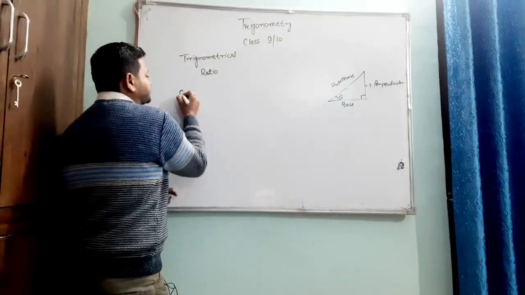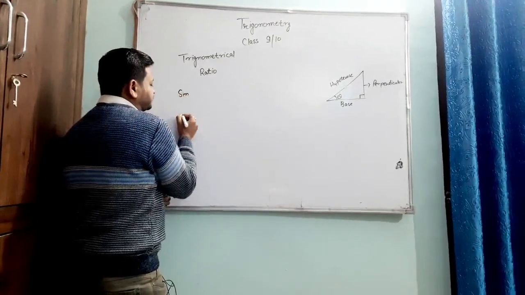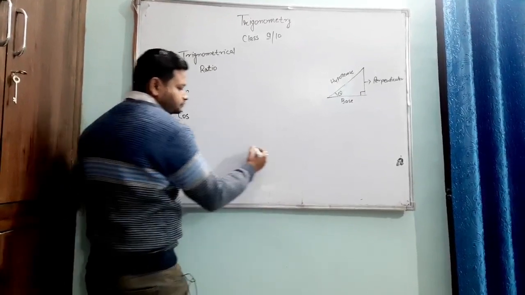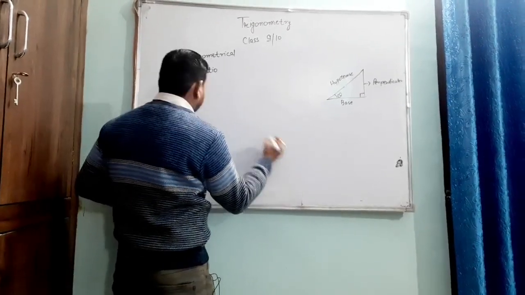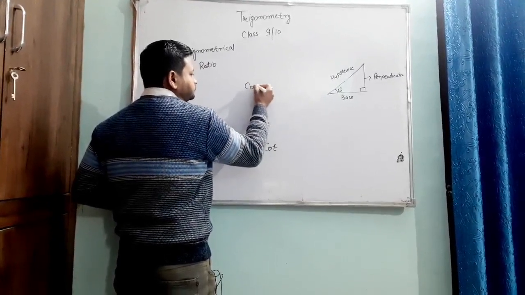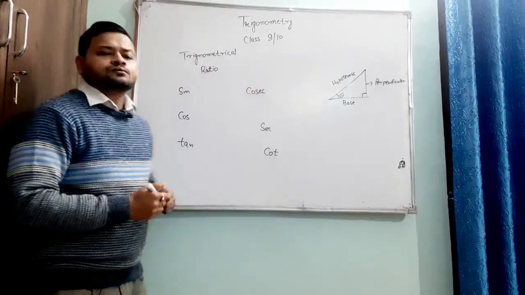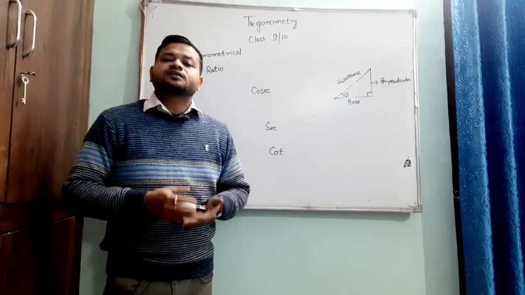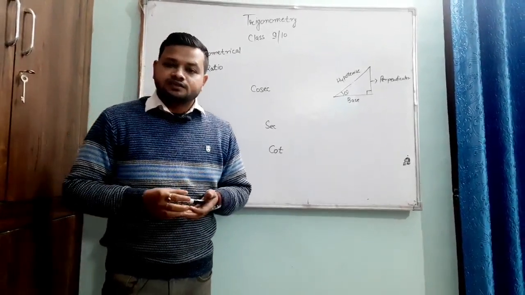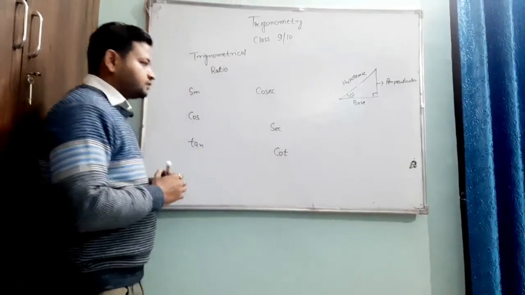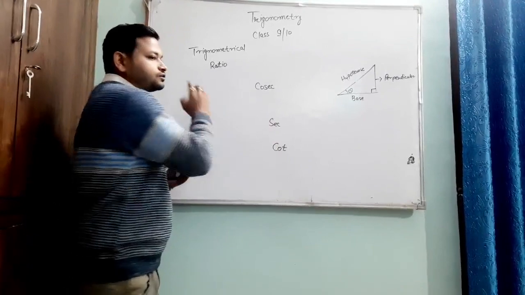So first is sine, then cos, then tan, then cot, sec and cosec. Now the question is how to learn these values. We need not learn them all. We have just a concept, and by that concept all the ratios will come. We have to learn only sine and cos.